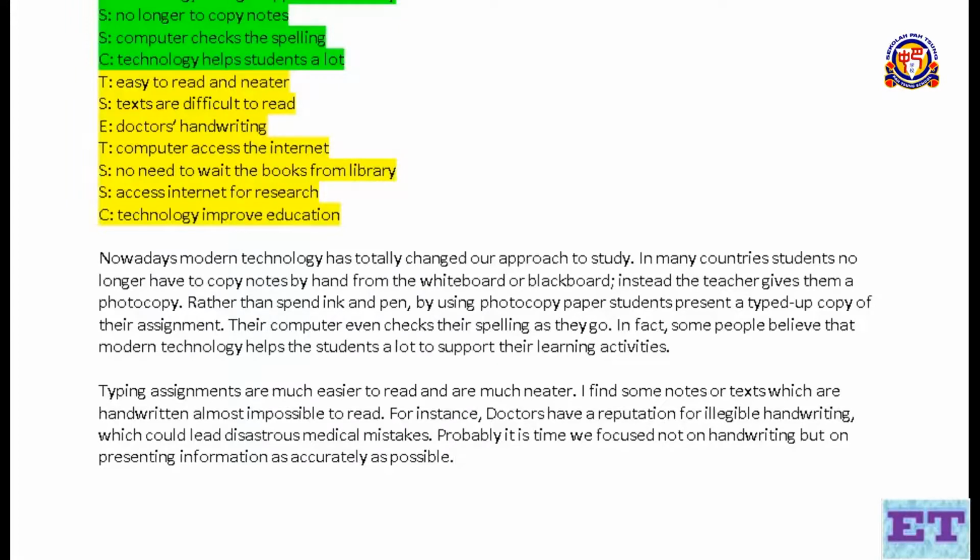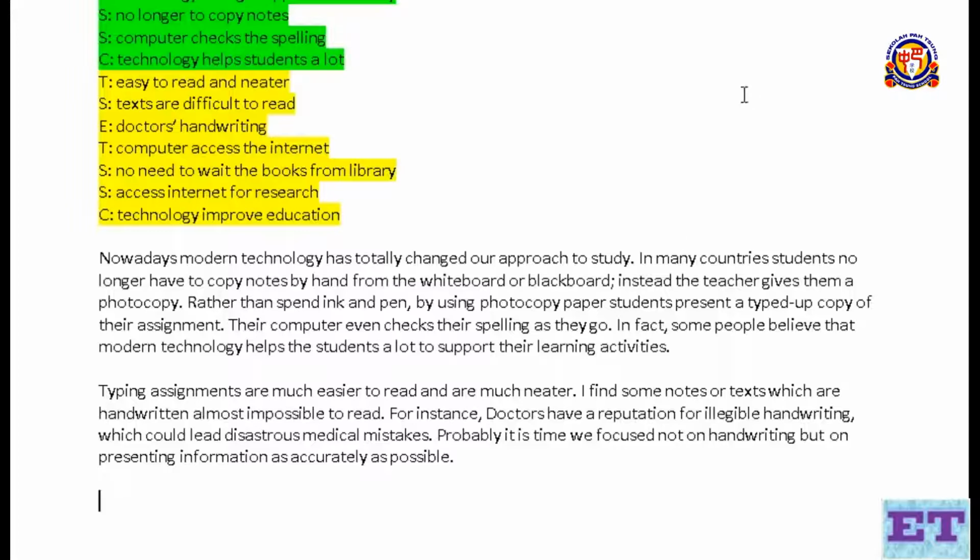Alright, and this is the second paragraph. So here the second basic paragraph, or basic paragraph 2.